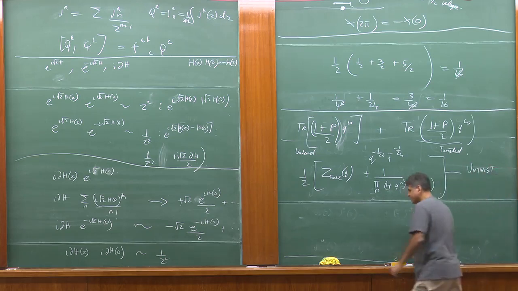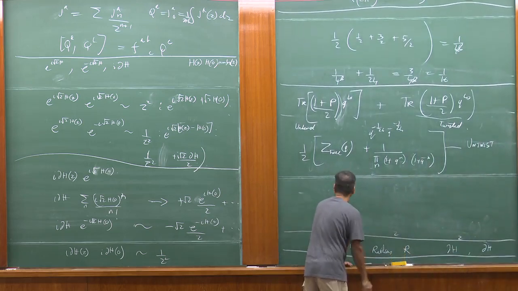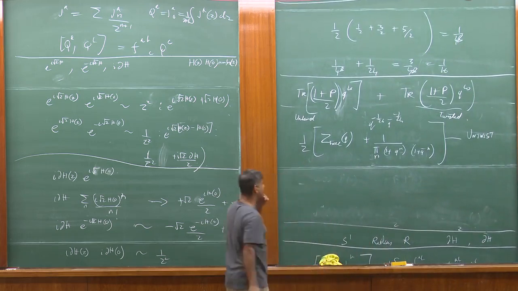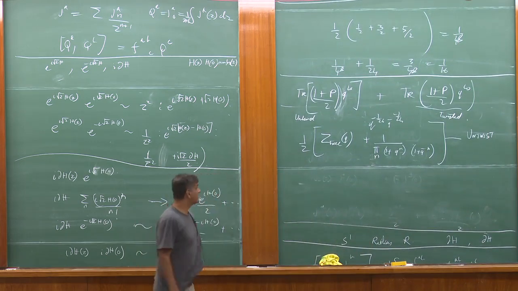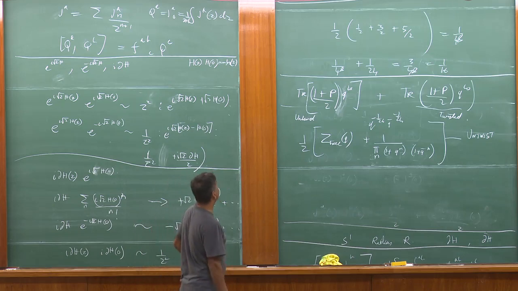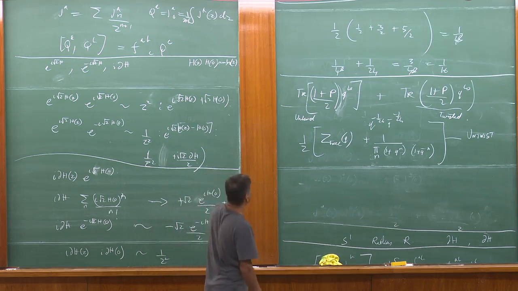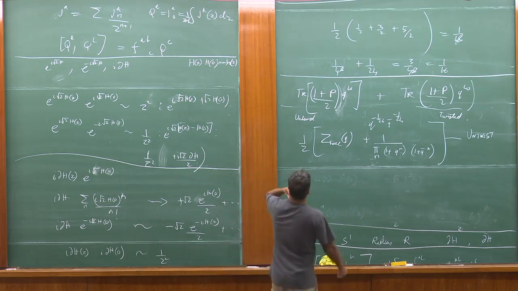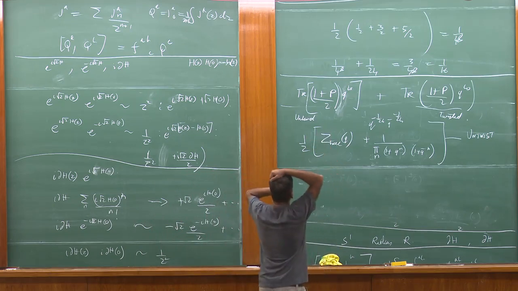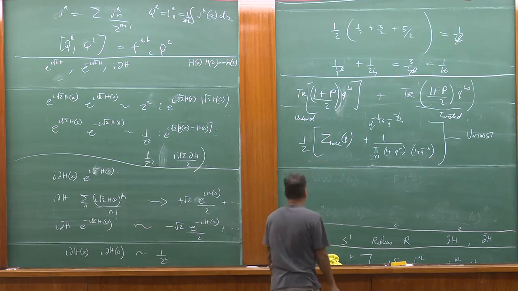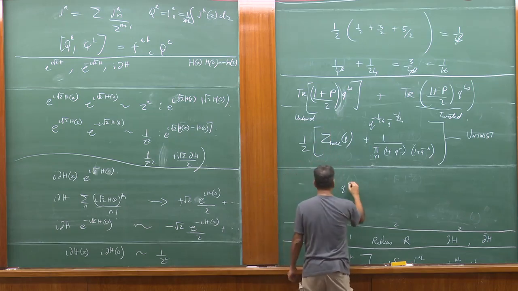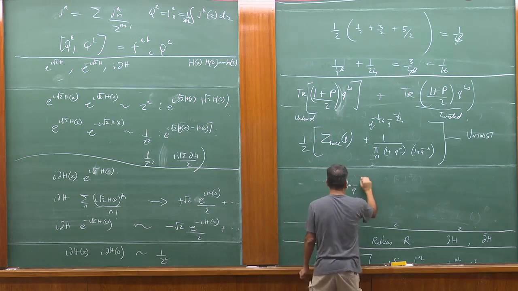What about the partition function in the twisted sector? Well, in the twisted sector, it's really easy. In the twisted sector, we found the zero point energy was 1 by 48. So we had q to the power 1 by 48, q bar to the power 1 by 48.